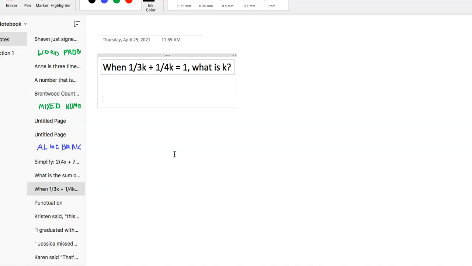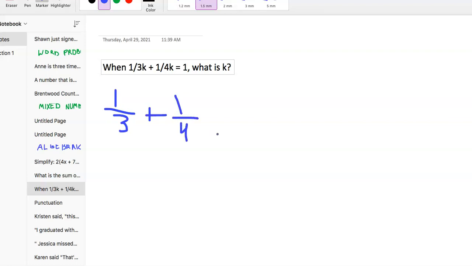And then finally, we have 1/3 k plus 1/4 k equals 1. What is the value of k? If this throws you at all, just think of it as 1/3 plus 1/4, right? That's all we're doing. We need that common denominator to be able to add these.